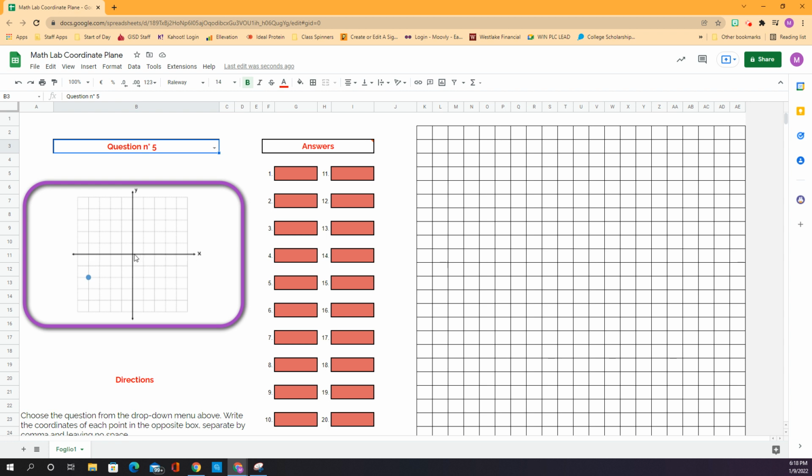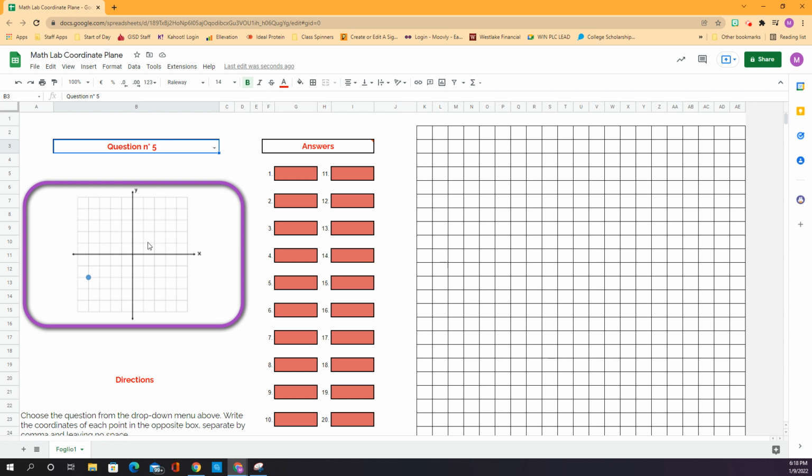Also, when we are moving parallel to the y-axis, when we go up, that's positive, and when we go down, that's negative. So each axis has positive and negative. It's like a number line. Your x-axis is kind of like the normal number line that you see, but the y-axis is more of a vertical number line. And they just intersect each other, and where they intersect is called the origin.